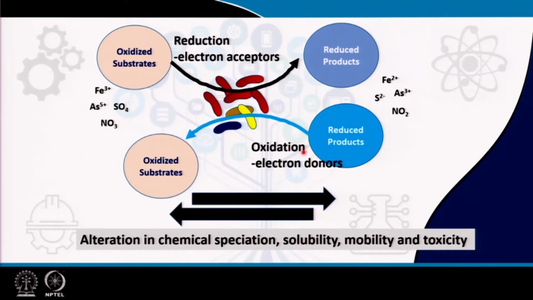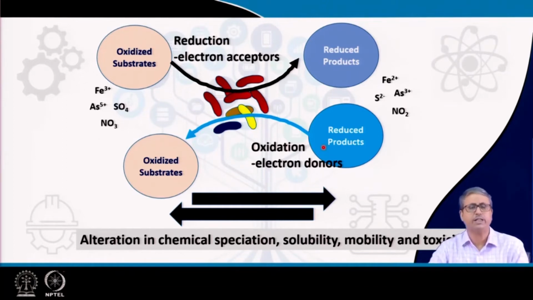So, numerous inorganic molecules can be utilized by microbial cells or microbial populations as their electron source. As we learned earlier, electrons as energy, input of electrons or electron sources. So, they oxidize them.